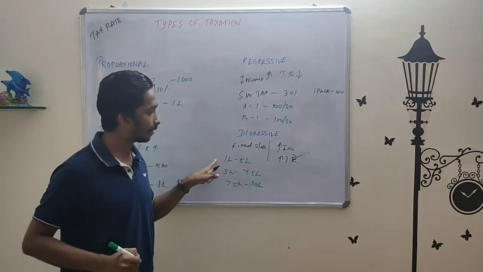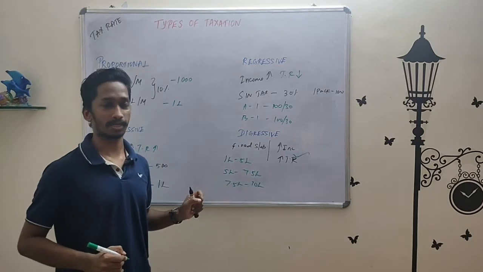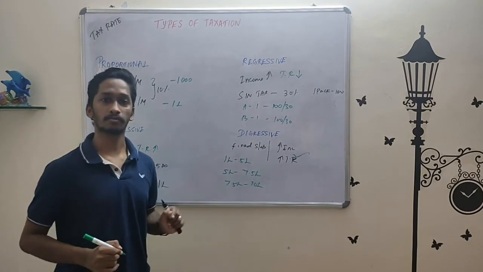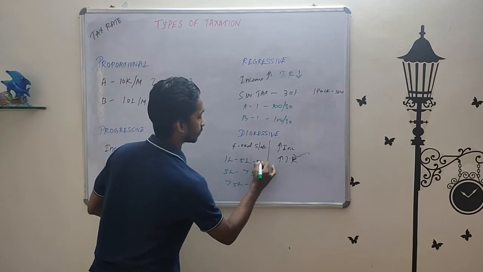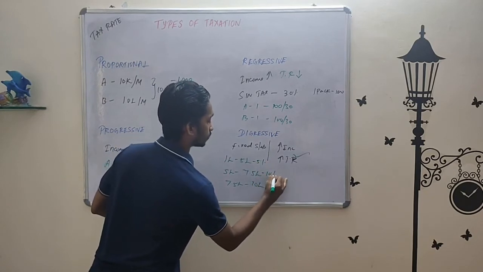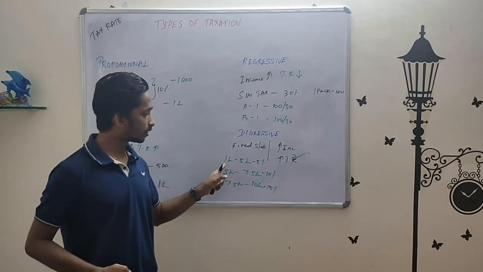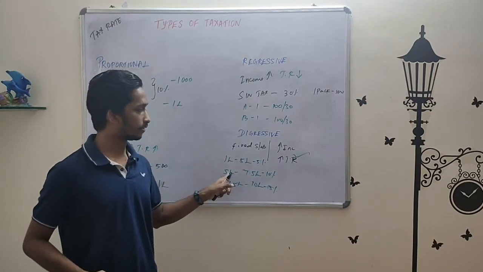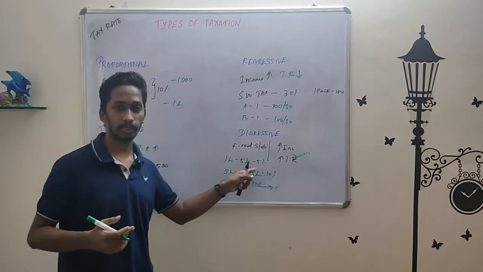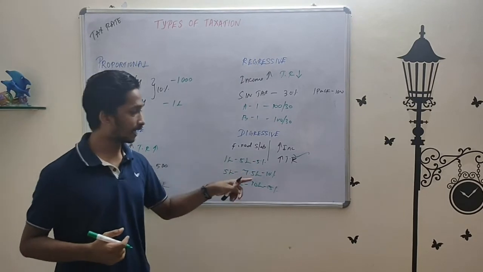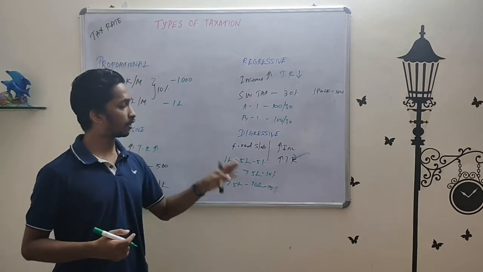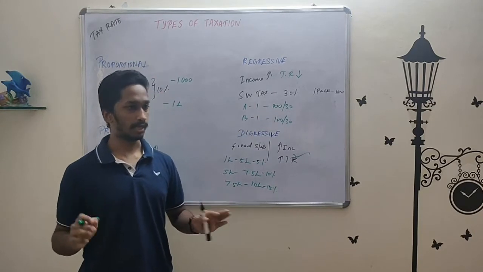Anyone within this slab would get a fixed income tax. We will write this as 5%, 10%, 15%. If your income is up to 5 lakhs, you get 5%. If it goes beyond 5 lakhs, it is 10%. If it goes beyond 7.5 lakhs, it's 15%.